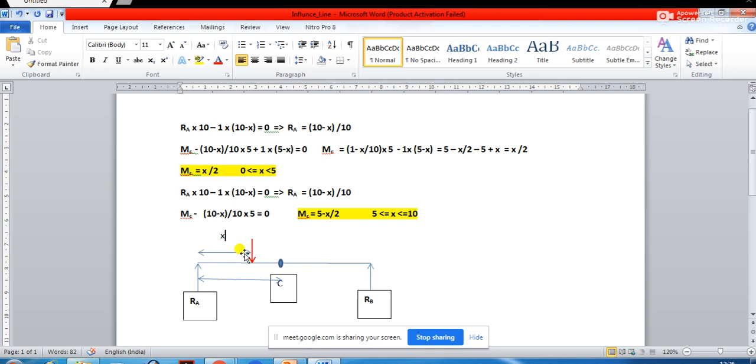So this distance is x from this left hand support A. When this load is placed at x, what will be the value of the reaction at A?